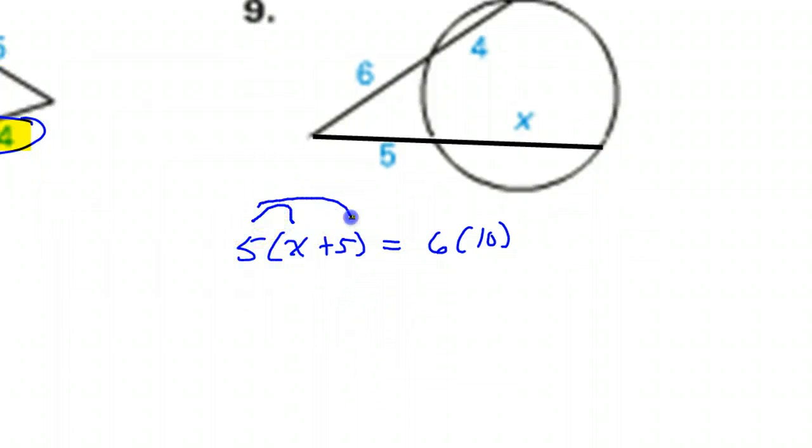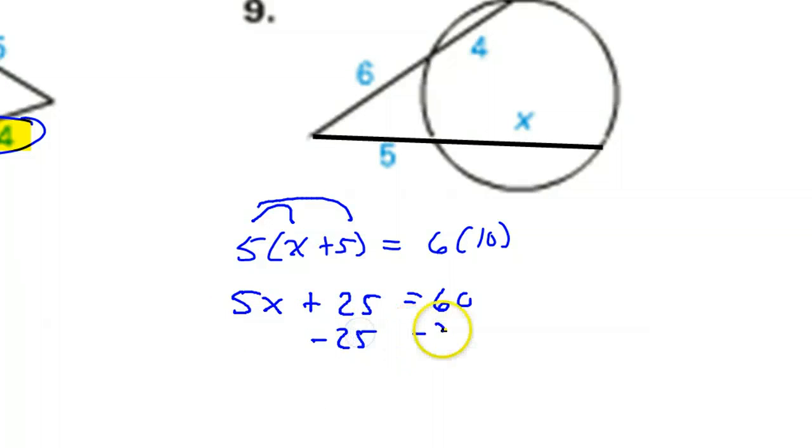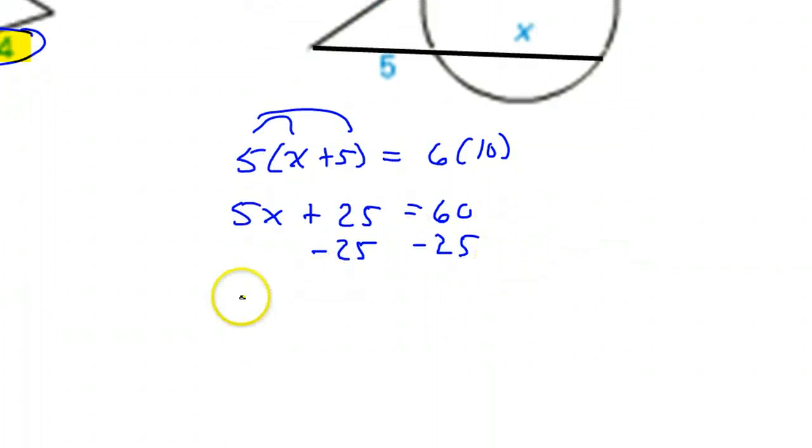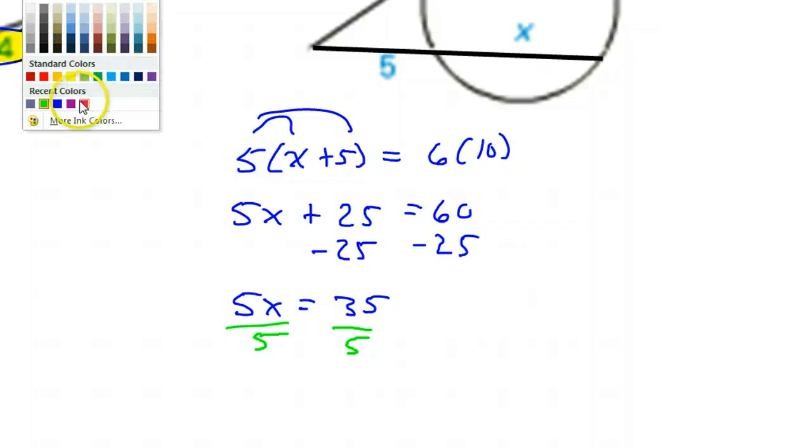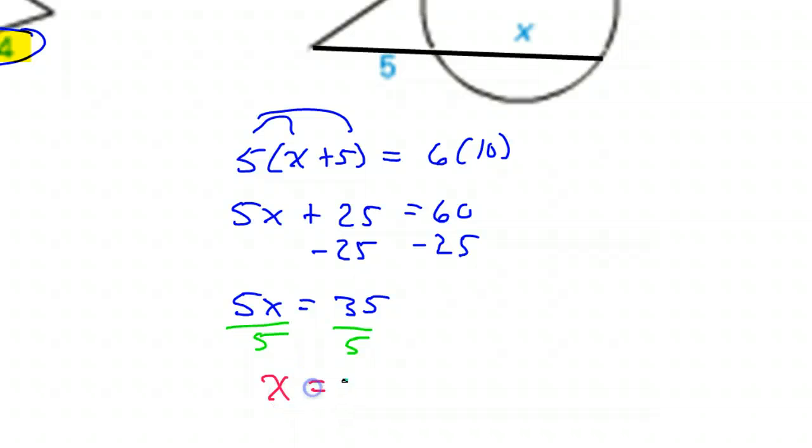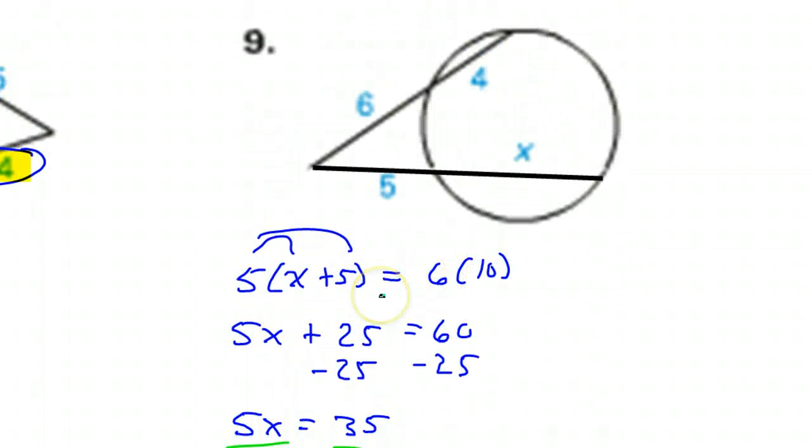So distributive property tells me that 5x plus 25 is equal to 60. Subtract 25 from both sides. And that gives me 5x equals 35. And then we divide both sides by 5. And x equals 7. And that was the answer to number 9.